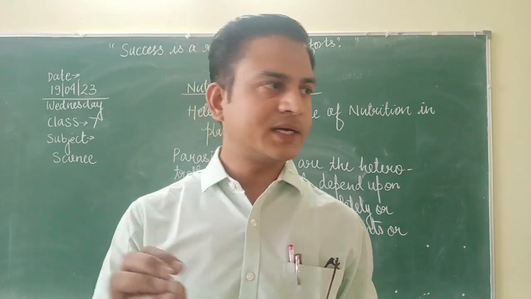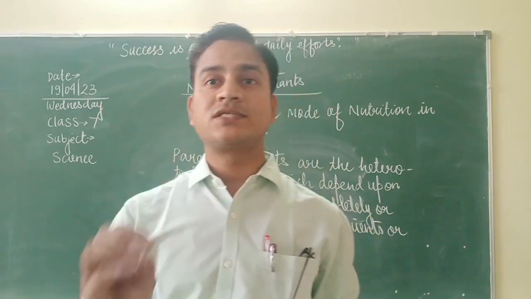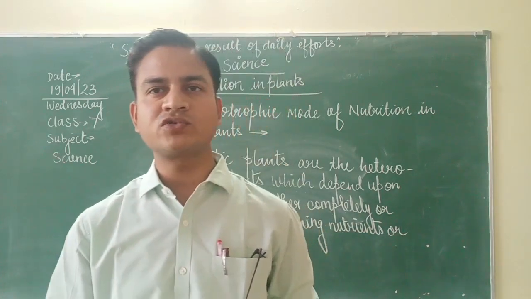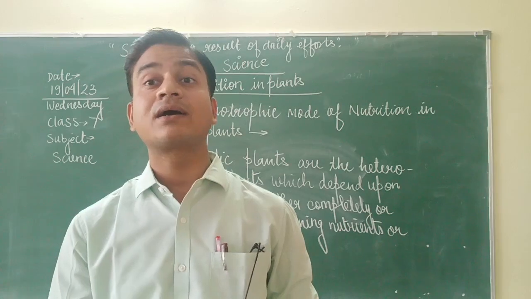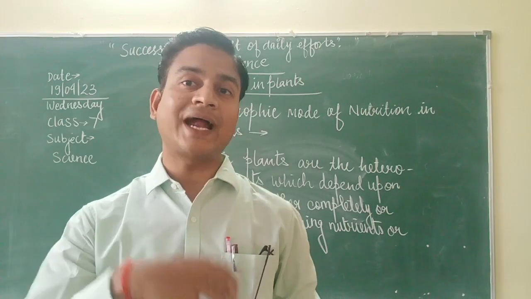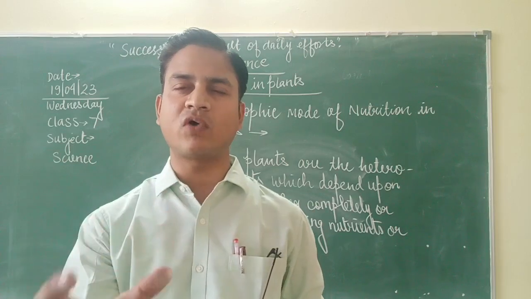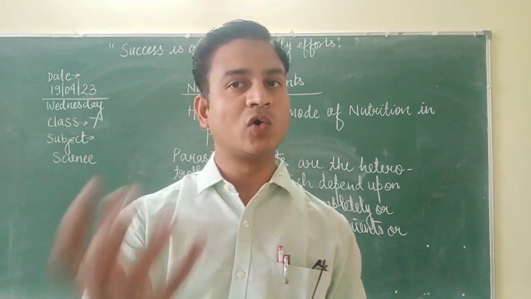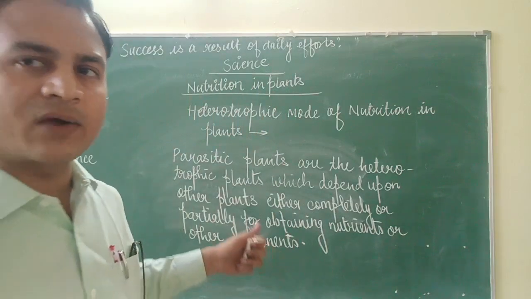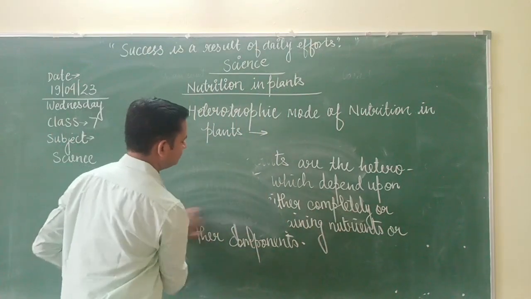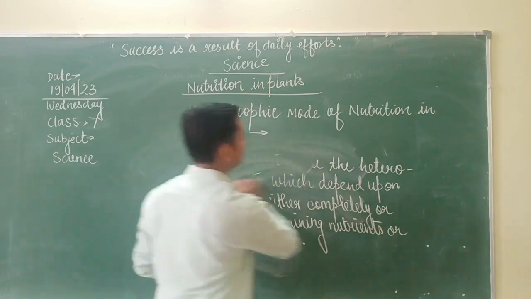And if the plant is not able to do photosynthesis, then that plant is a complete parasite, because it derives all the required nutrients as well as water plus minerals from the host plant. All these things we are going to discuss in this section. So now, children, let us talk about the complete parasitic plants.